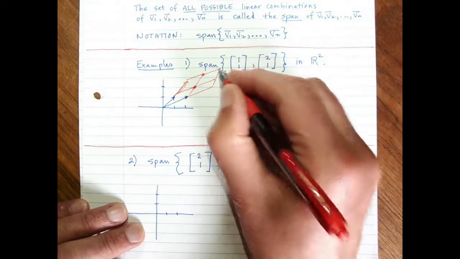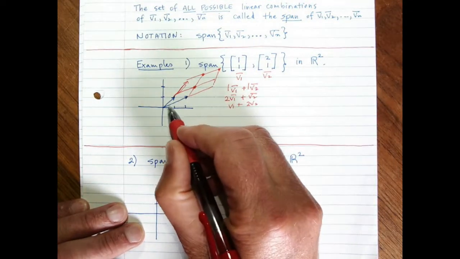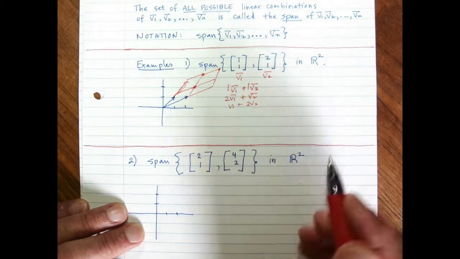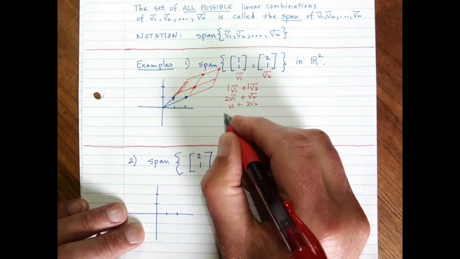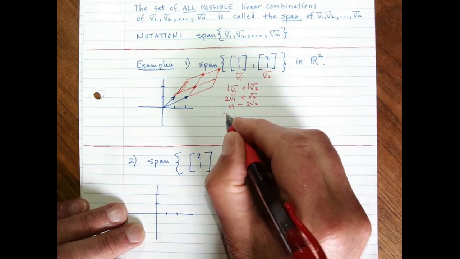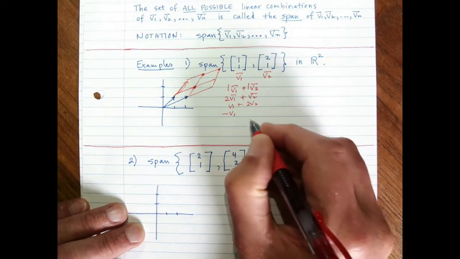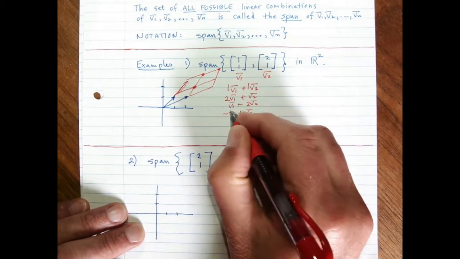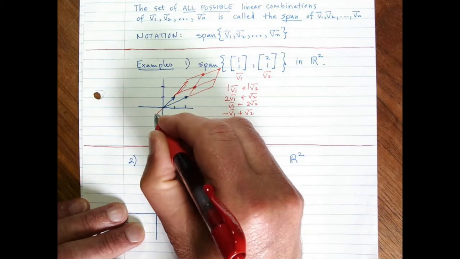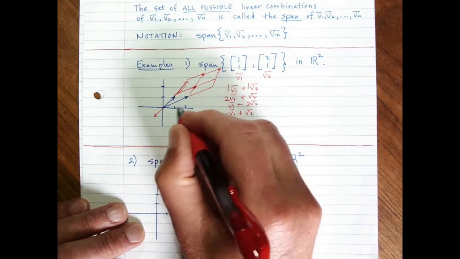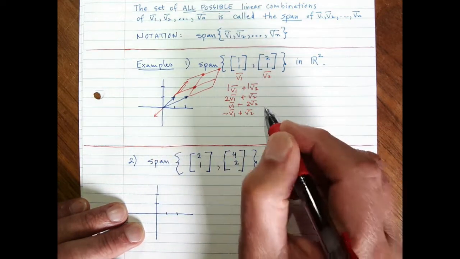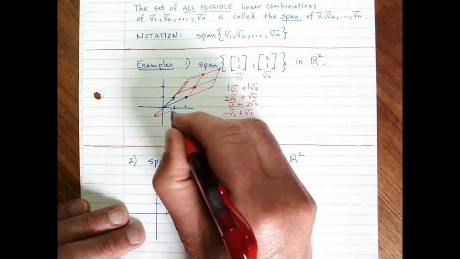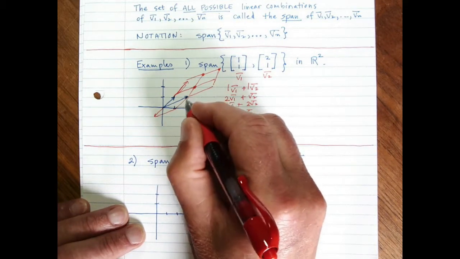In fact, out here, I think this is what I would get if I took 2v1 plus 2v2. If I took negative multiples of either one, if I took negative v1 plus v2, let's see, negative v1 would point this way, plus v2, negative v1 plus v2, I think going to be approximately there.